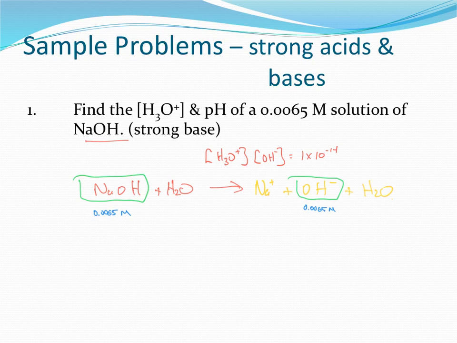Now, to figure out the concentration of the hydronium ion, we are going to use this relationship right here. That is key. So, the hydronium ion concentration is going to be 1 times 10 to the minus 14 divided by 0.0065.